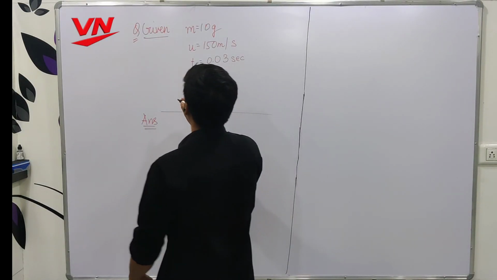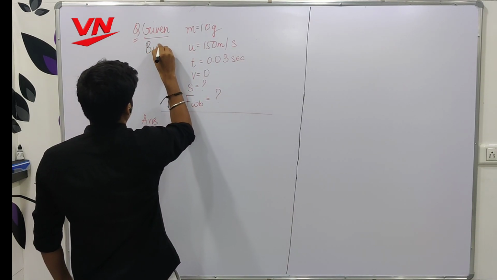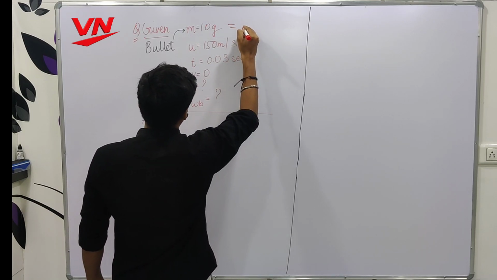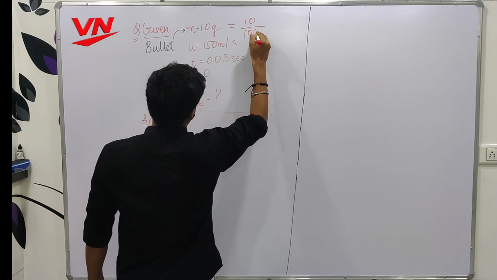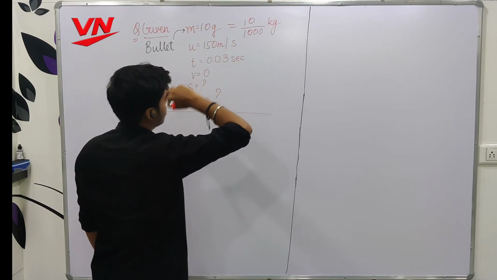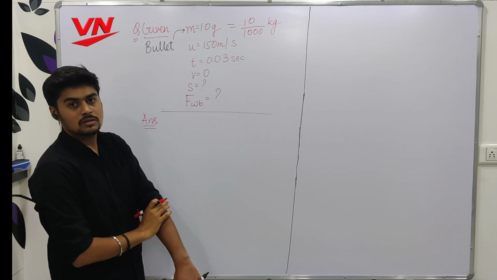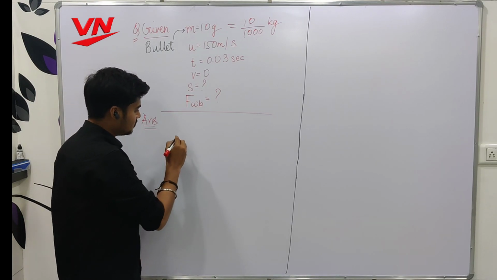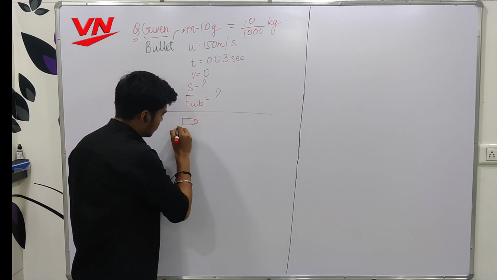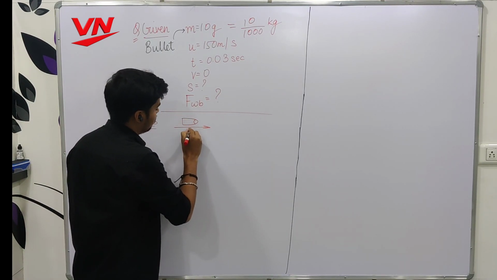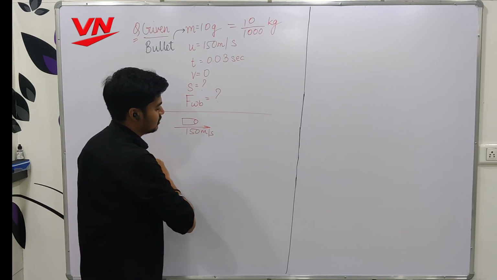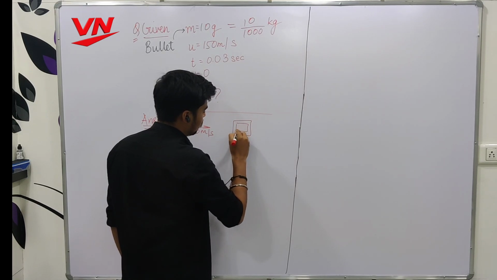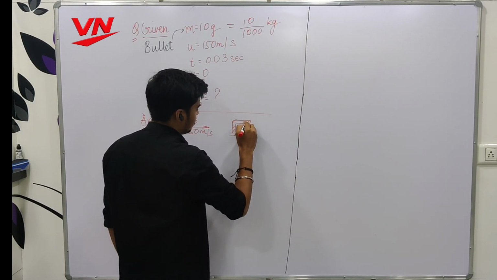Okay, in this question, a bullet of mass 10 gram. I don't like gram, I want kg, so converted to kg, divided by 1000. Now everything else is in SI unit. The bullet was traveling with a velocity of 150 meter per second in a particular direction, then strikes a wooden block.